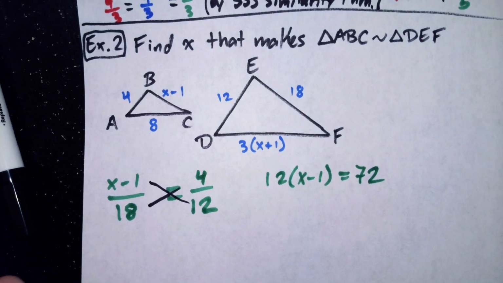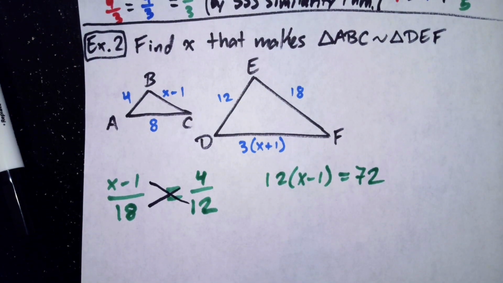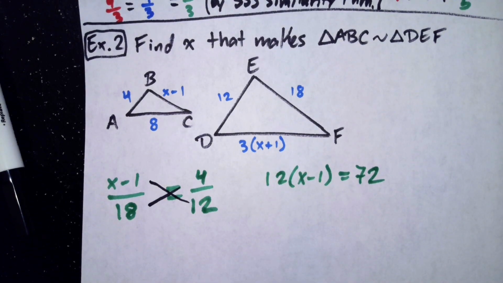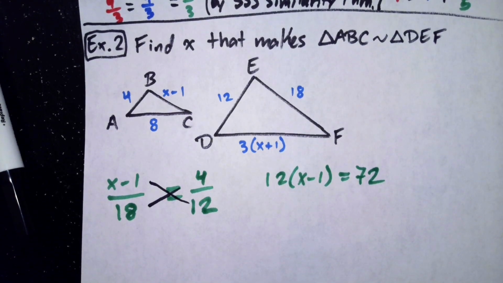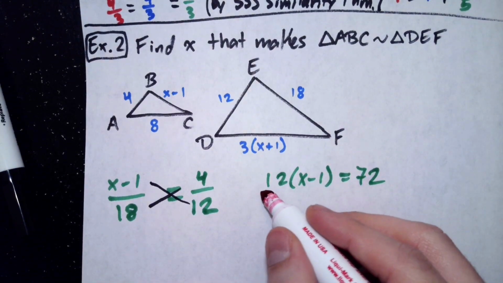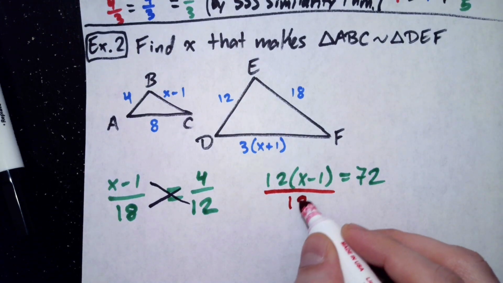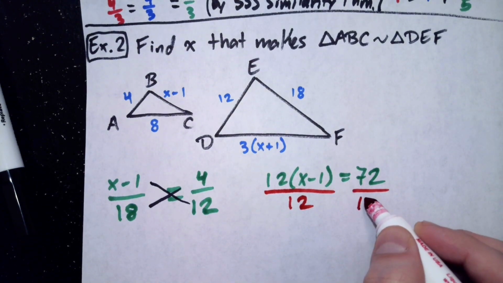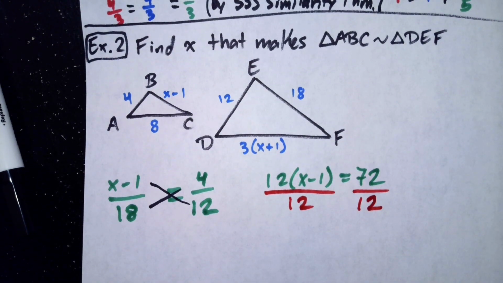Alright. And then if we want to solve for x, we could distribute this in there, but I'm going to just go ahead and solve this in a more straightforward manner. It requires that I divide both sides by 12. Like that. So if I do this, the 12 actually disappears from here.